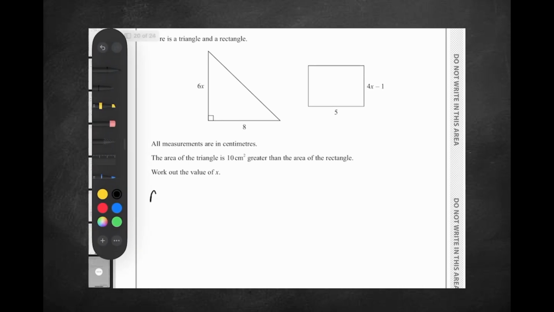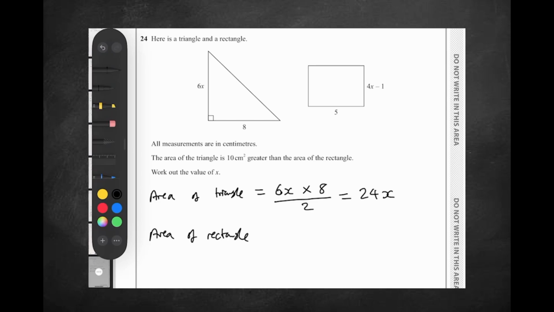So, area of triangle equals 6x multiplied by 8 over 2, which is going to be 48x over 2, which is going to be 24x. Area of rectangle is going to be 5 times 4x minus 1, which is 20x minus 5.